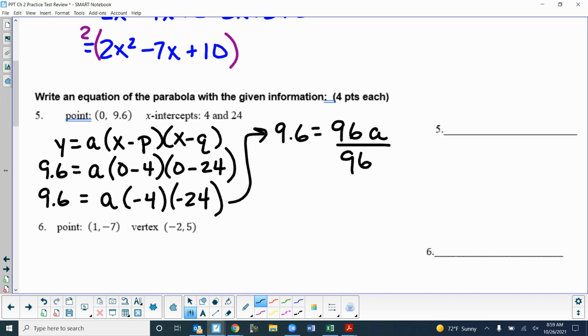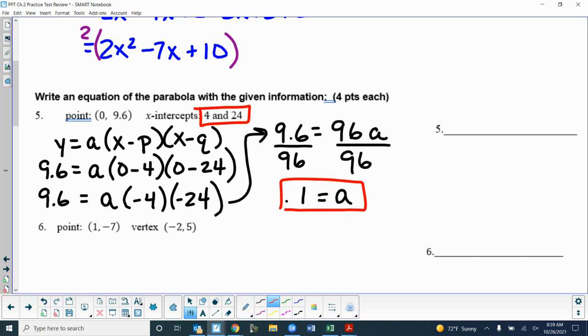To get a by itself, we're going to divide by 96. When we do that, we get 0.1 for a, or you could write 1/10. Fraction is 1/10, the decimal is 0.1. It doesn't matter. So my answer is now just substituting in this for a and these for p and q. We just leave it the x and the y, when we write the equation or the function, okay?